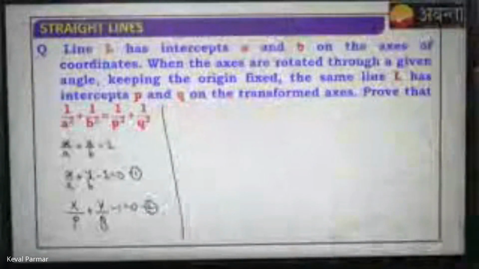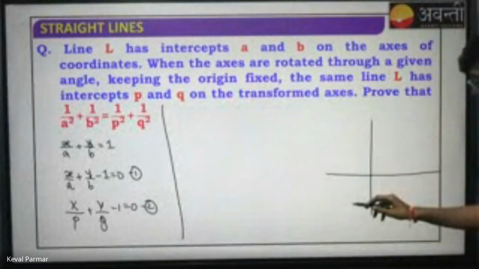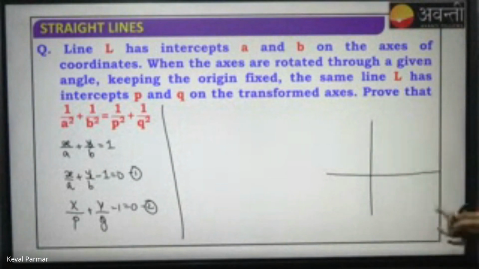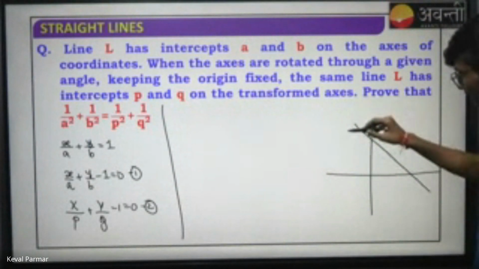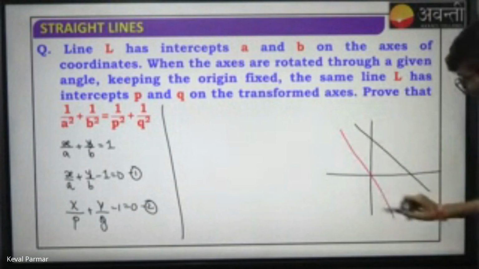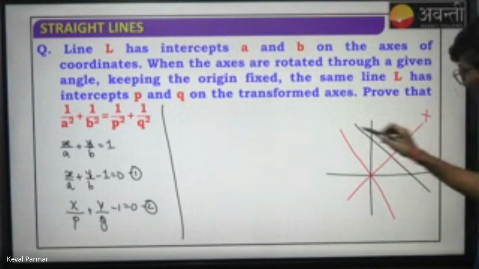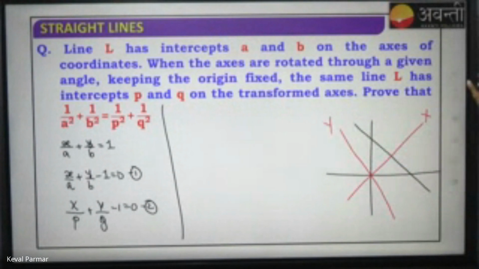Now, let me tell you one thing. Let me draw a diagram here. Let's say this is the equation of the line. Now if I rotate the axes, let me draw with a new color. These are my new axes, capital X, capital Y. These were my old axes, small x, small y.